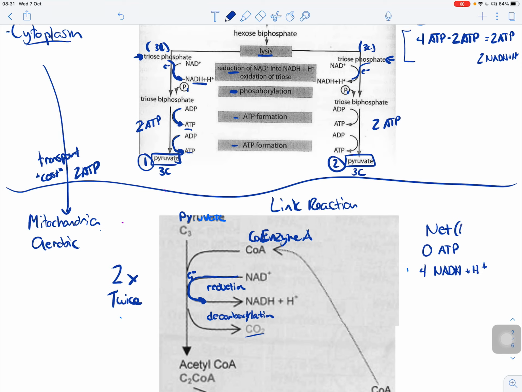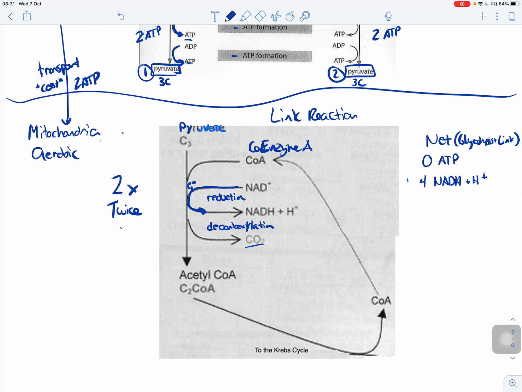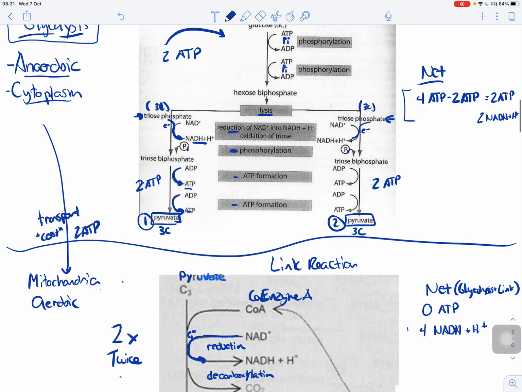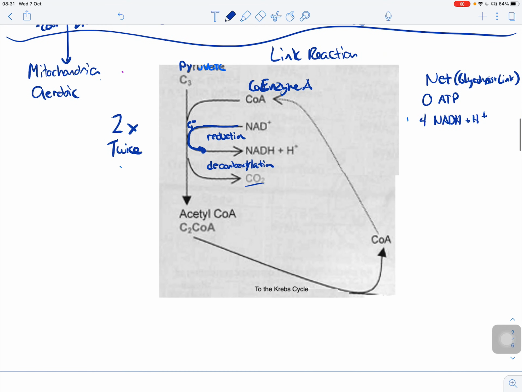So this is glycolysis and the link reaction. So we've gotten 0 ATP molecules and 4 NADH molecules, right? 2 from up here and 2 from the link reaction.